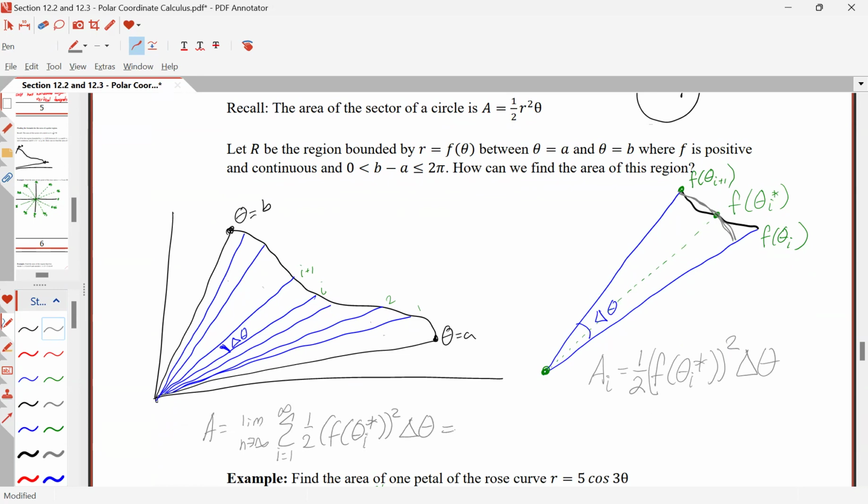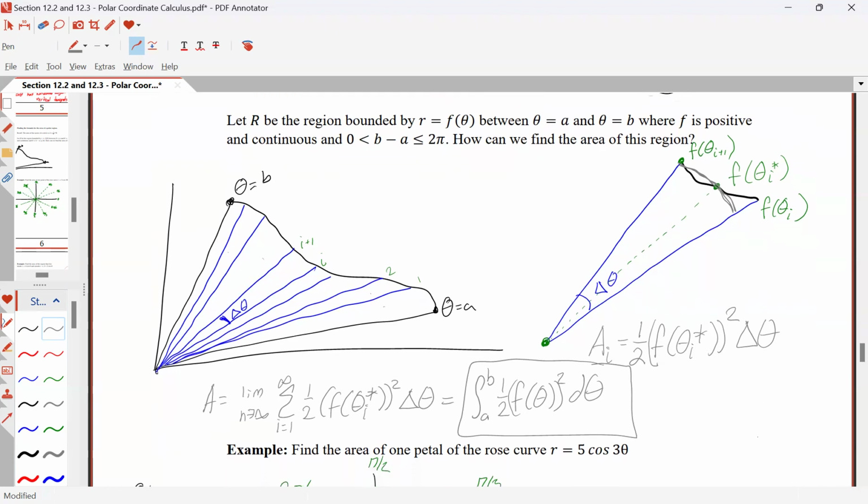This is really the integral from a to b of 1/2 f of theta squared d theta. We have the limit of a sum. That is the integral formula. So finding the area of some region bounded by a polar curve is this integral formula.